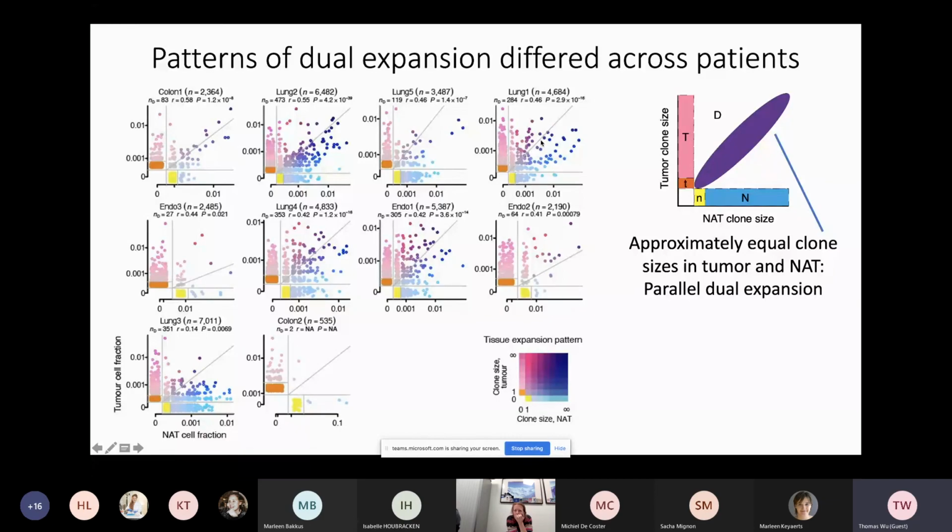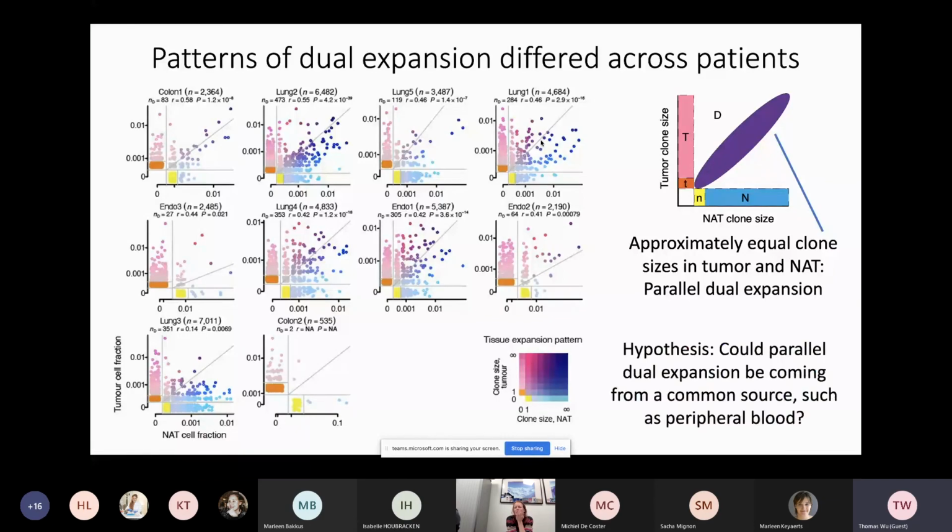Yes, question? Apologies to interrupt you. I'm very sorry, but in order for me to be able to follow what you're saying, when you're referring to expansion, does this refer to pre versus post treatment? Oh, I see. No, it just simply means the number of cells in the clone at a snapshot in time.